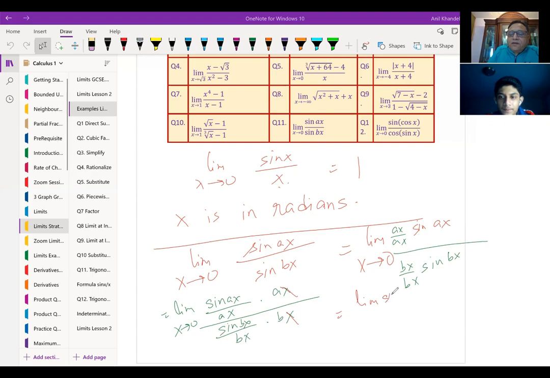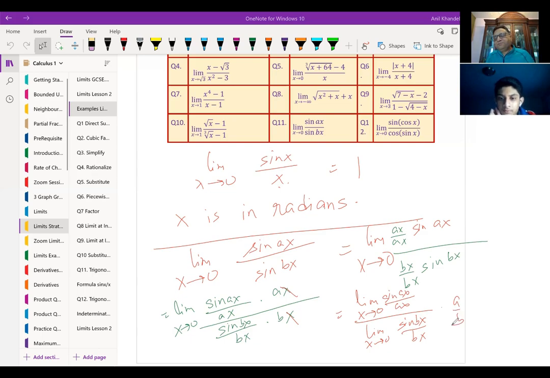So we have the limit of sine ax over ax, x approaching 0, over the limit as x approaches 0 of sine bx over bx. These are the properties of limits. Limits in parts can be added and all these operations can be performed. And we have a constant here, a over b.